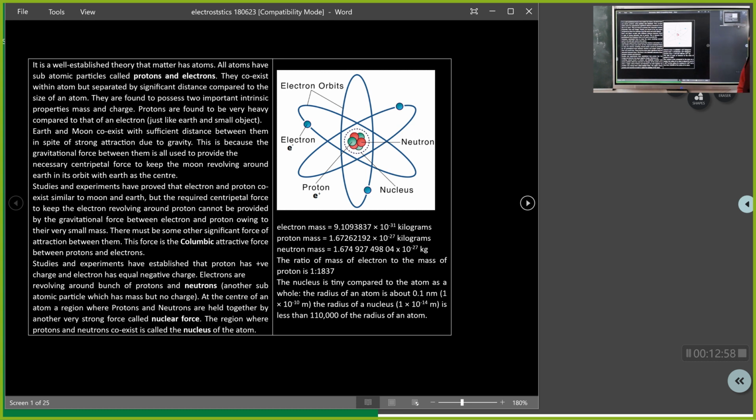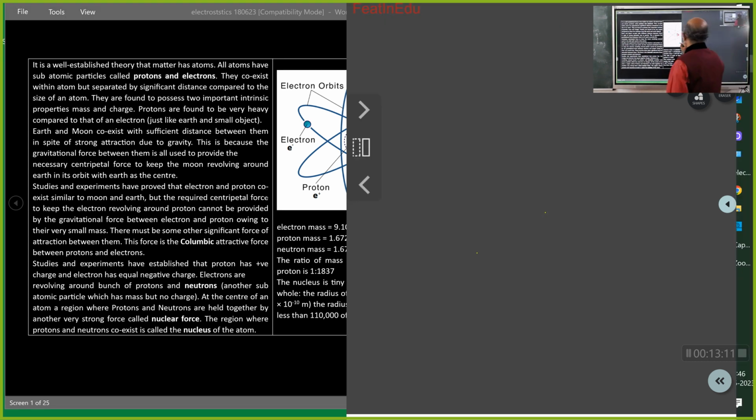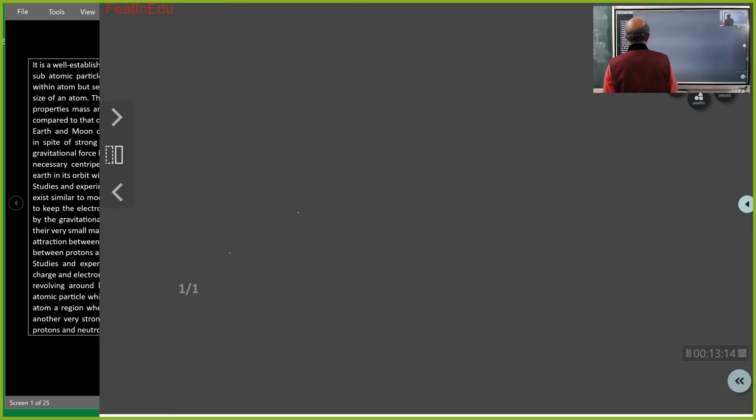Sir, is the centripetal force less than the Coulombic force, because of which the Coulombic force overacts upon the centripetal force? You got it wrong, completely wrong. I'll explain. See, what is centripetal force?